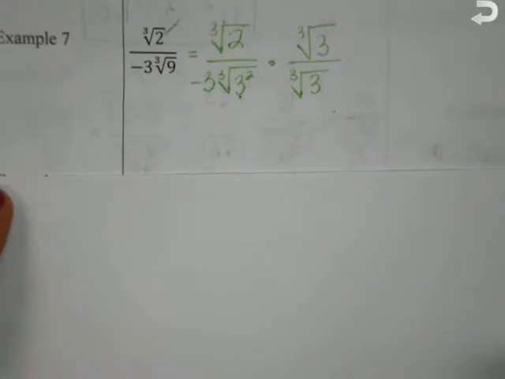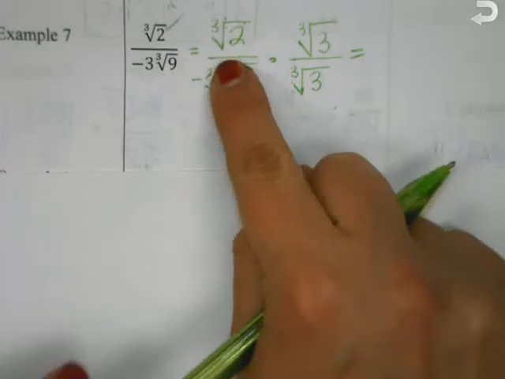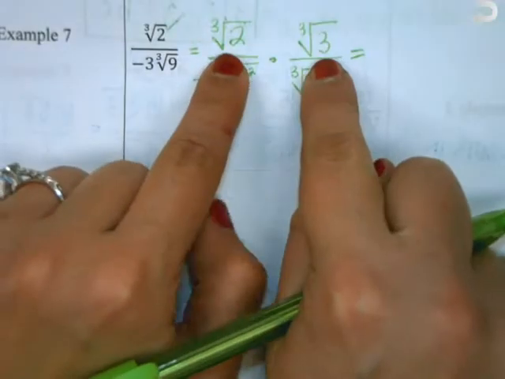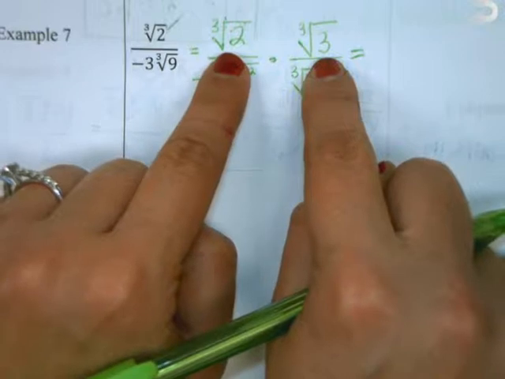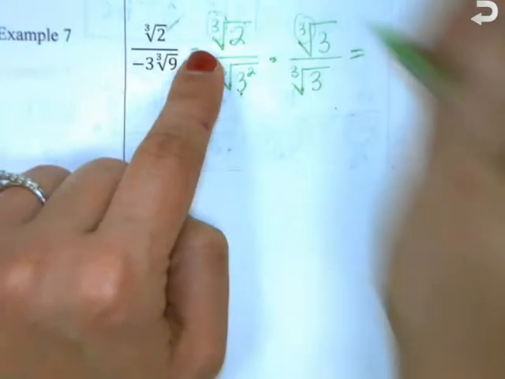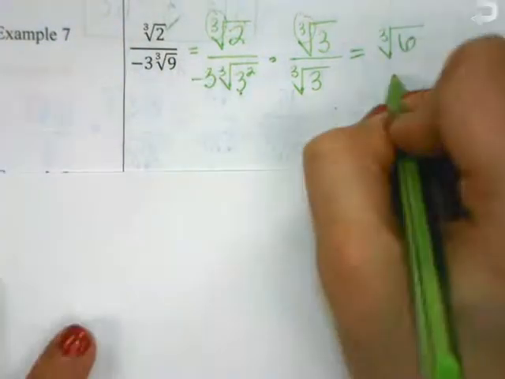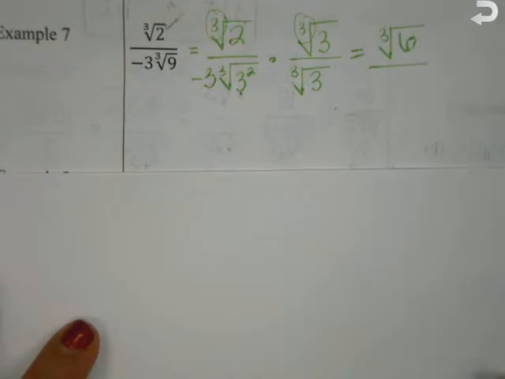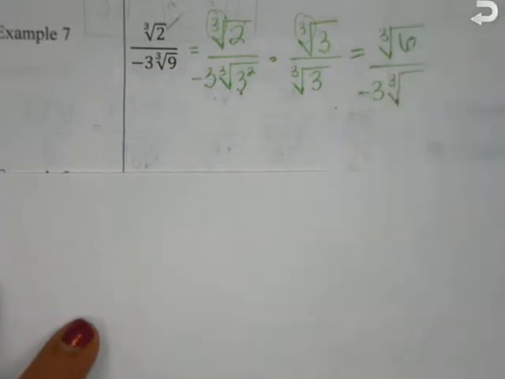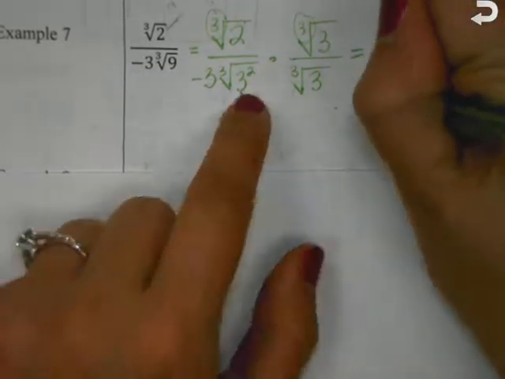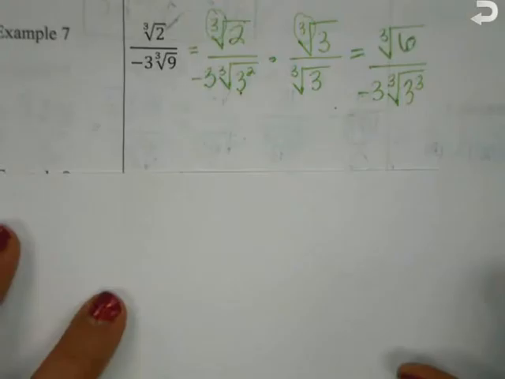In the numerator, I have the cube root of 2 times the cube root of 3. Can I multiply those together? Yes, I can, because my indexes are the same. So this would be the cube root of 6 all over negative 3 times the cube root of, what's the cube root of 3 squared times 3? 3 to the 3rd. 3 squared times 3 gives me 3 to the 3rd.